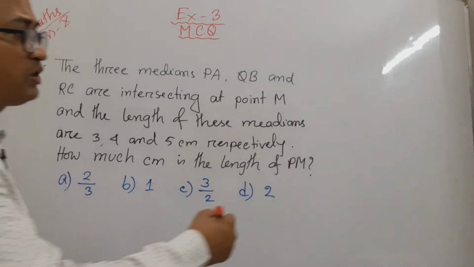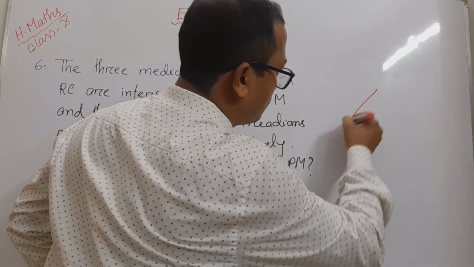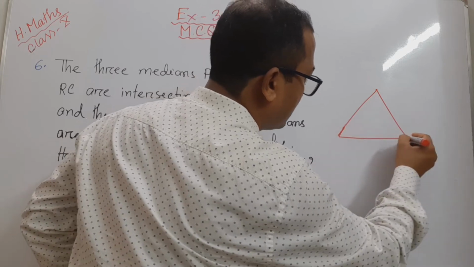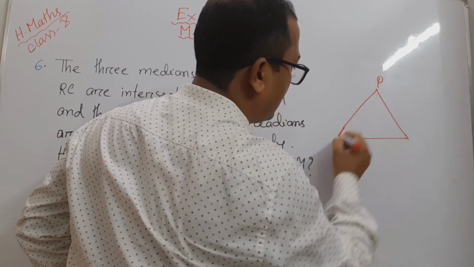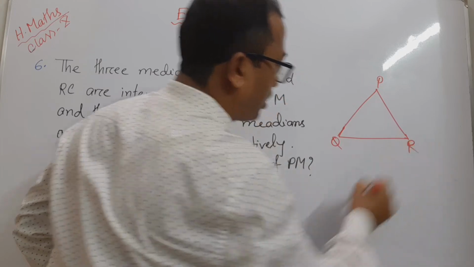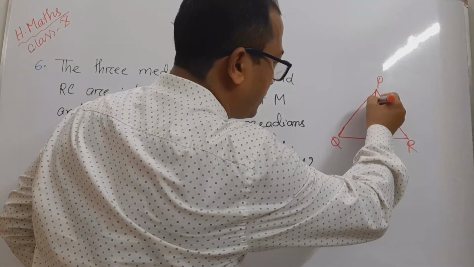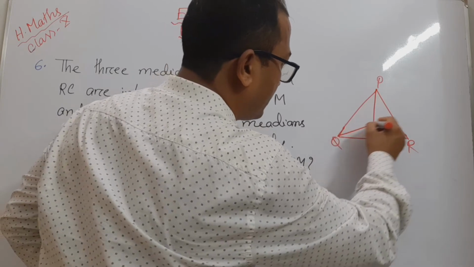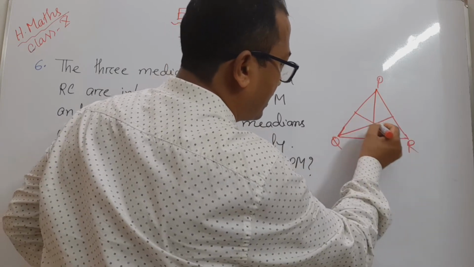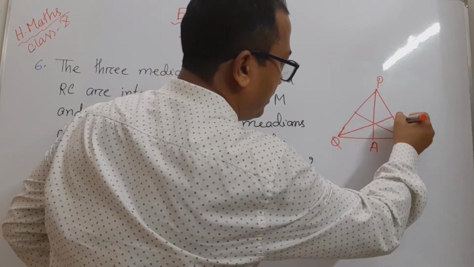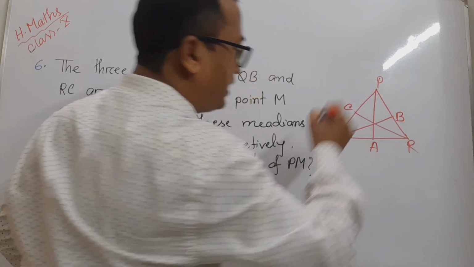Say PQR is a triangle. PA, QB and RC are three medians.